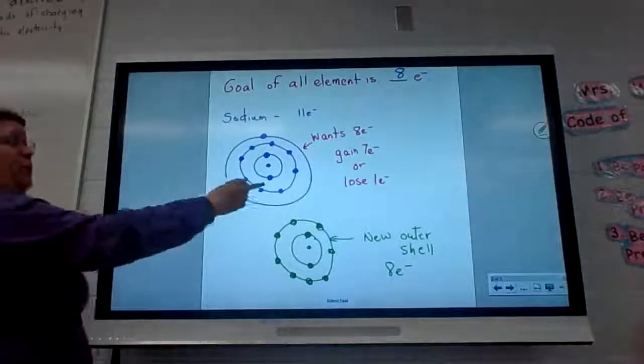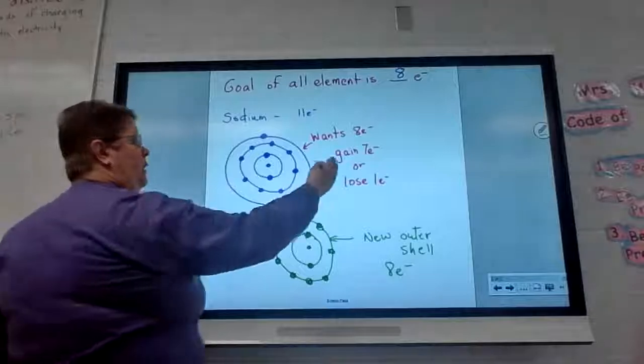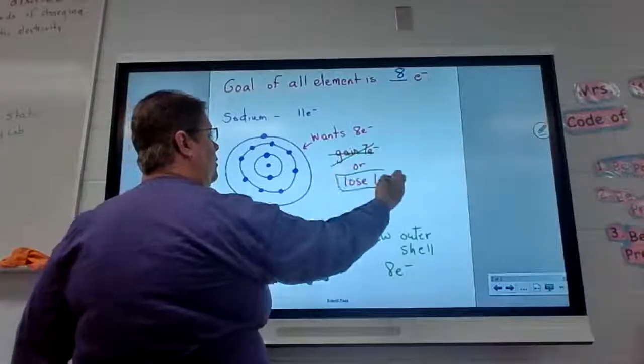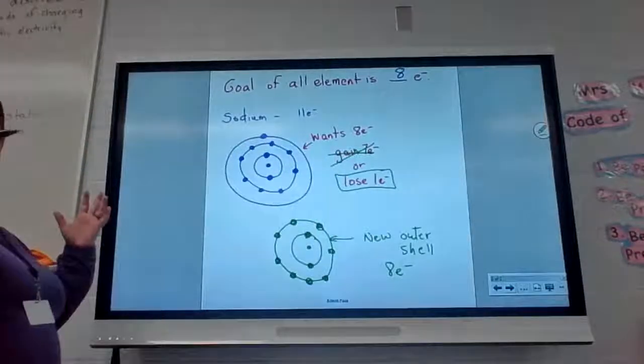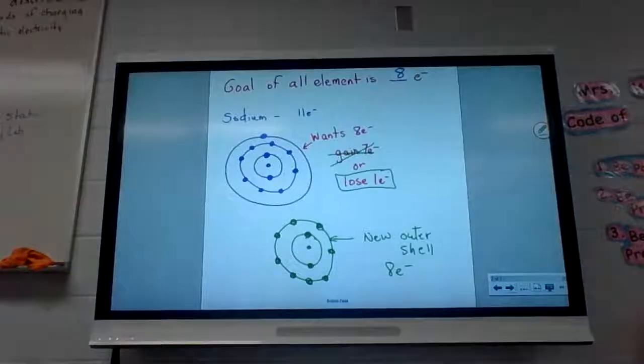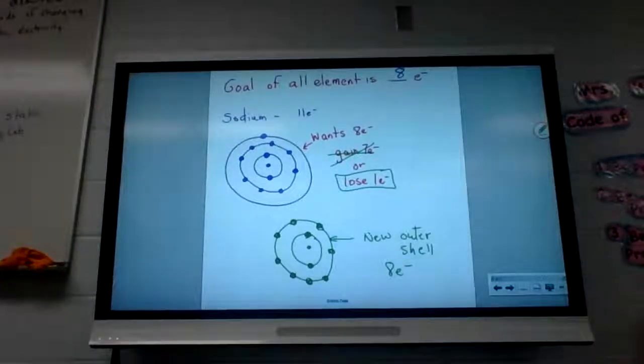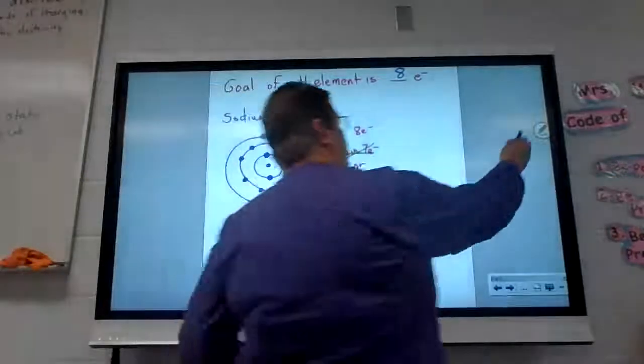Because this one we did what with? We lost it. We gave it away to somebody. We don't care who right now. We'll talk about who it went to when we do bonding. Now, how does this affect the oxidation number? That's where we're going with this.